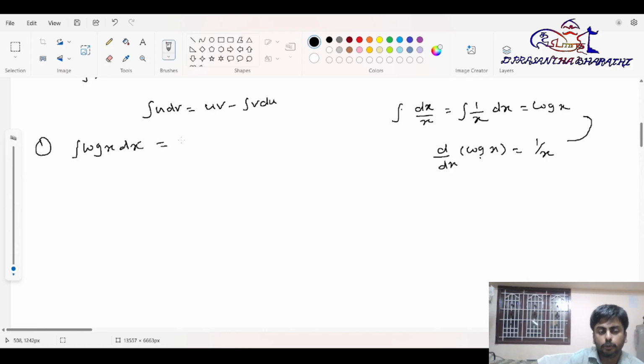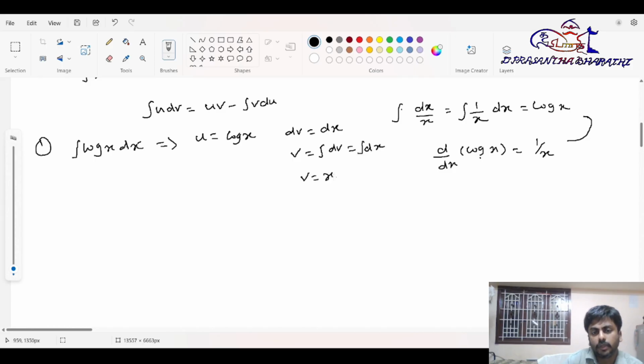Here I am going to choose u equal to log x, and dv is very simple, dv equal to dx. Here I am not going to find u dash now, and I will tell you the reason from the second example onwards. Here I am going to find v equal to the integration of dv, that is the integral of dx, so v equal to x.